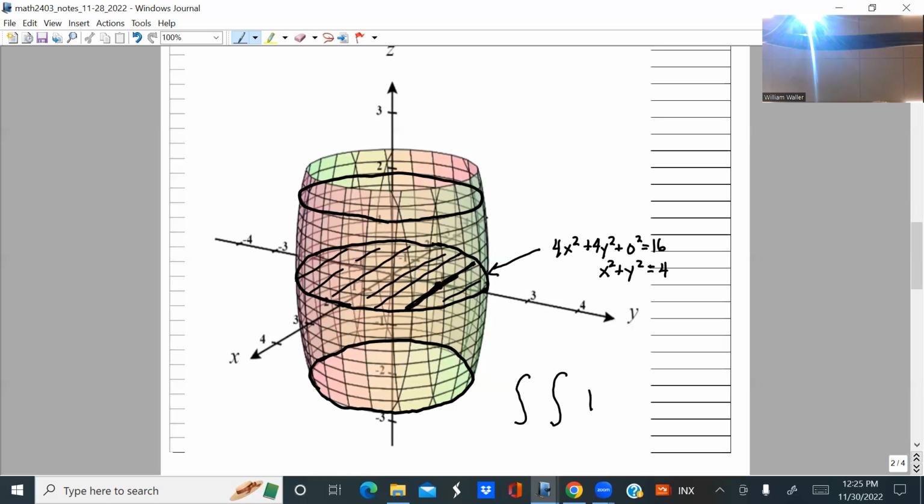Think about how x is varying when you pick a specific y value. You're going from this side of the circle over to this side of the circle. What's the formula for this side going to be? How do you figure that out? Just take this equation and do what?